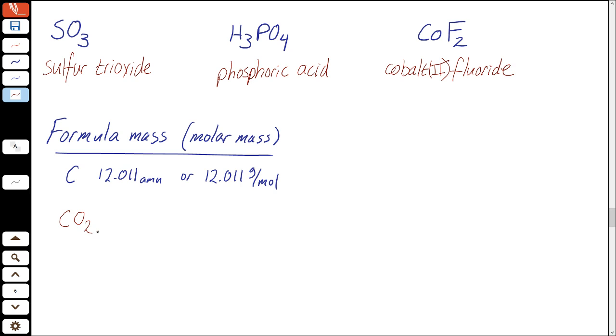Yeah, go ahead. Yeah, you just add all the masses together. So we know that carbon dioxide is made up of one carbon atom and two oxygen atoms. So we can say, we'll take our 12.011 for carbon, and we'll add it to 2 of oxygen, which to a couple significant figures, we'll say 16.00.